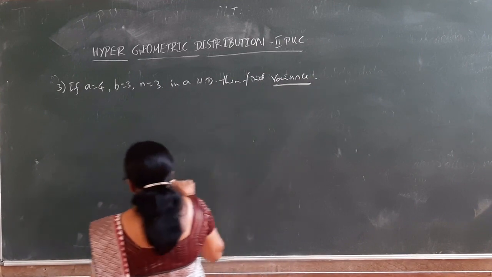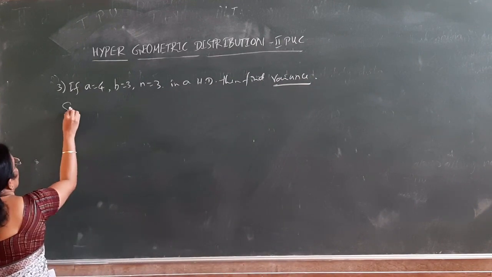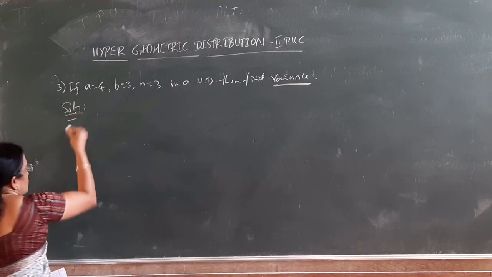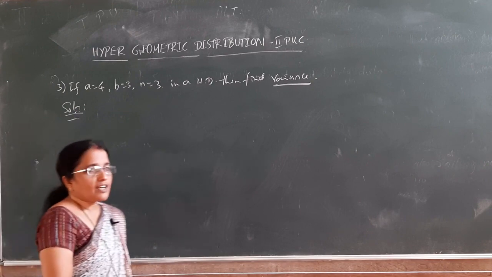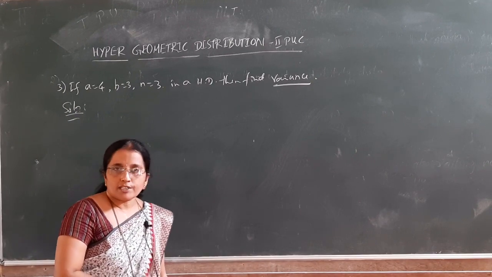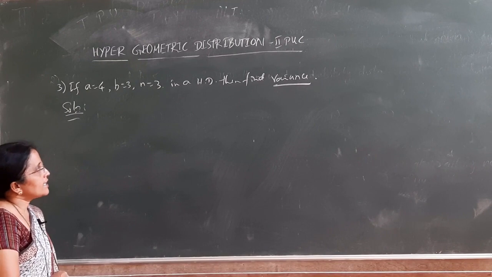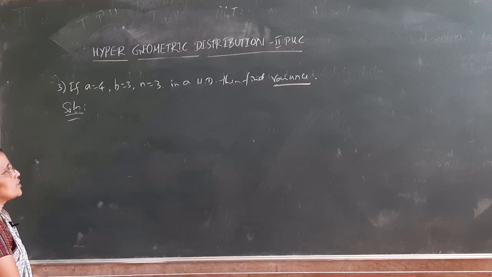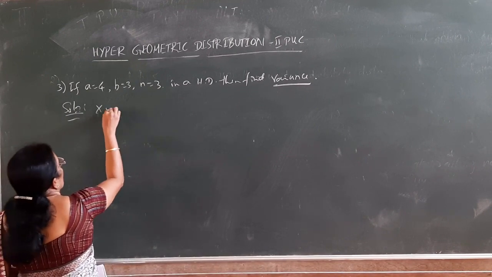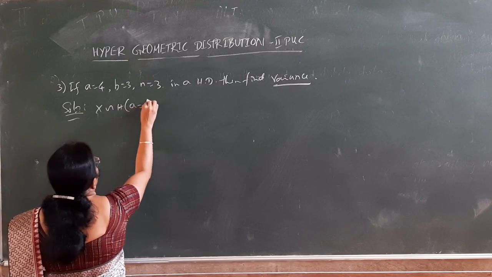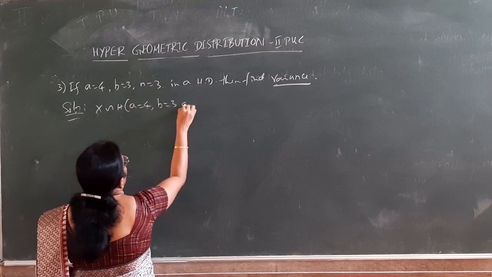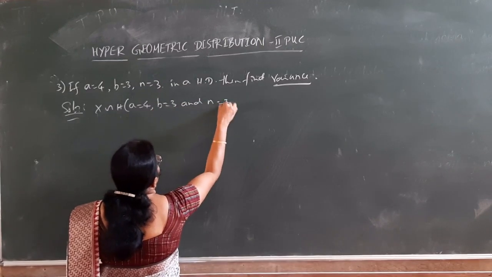Now what is asked? We have to find the variance. Now to find variance, mean, standard deviation, we need not write the probability mass function. Directly formula we can write. So here given X follows hypergeometric with A equal to 4, B equal to 3 and n equal to 3.